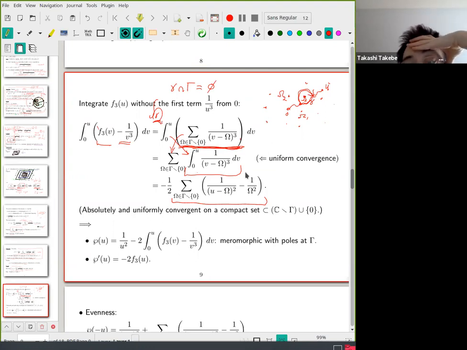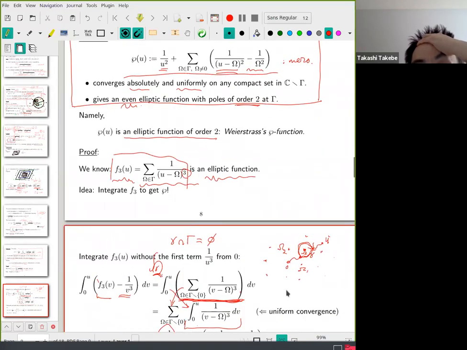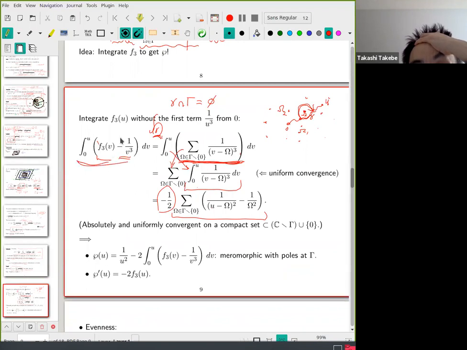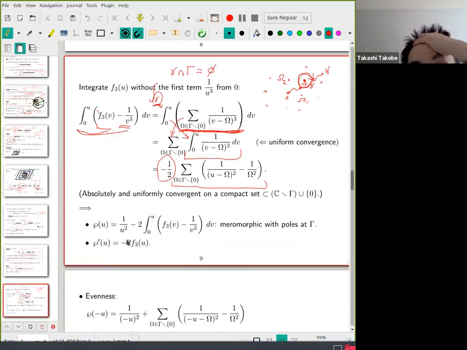High school, probably. Well, with my minus 1/2. So the series for the P function is like this. So we get this part by integrating F3 like that. And P of u is this function.